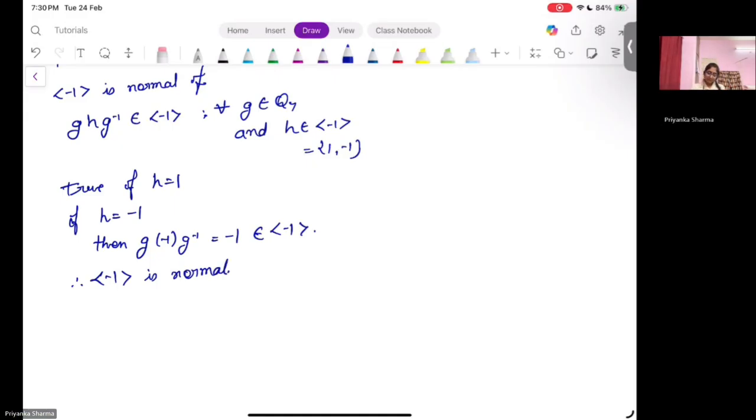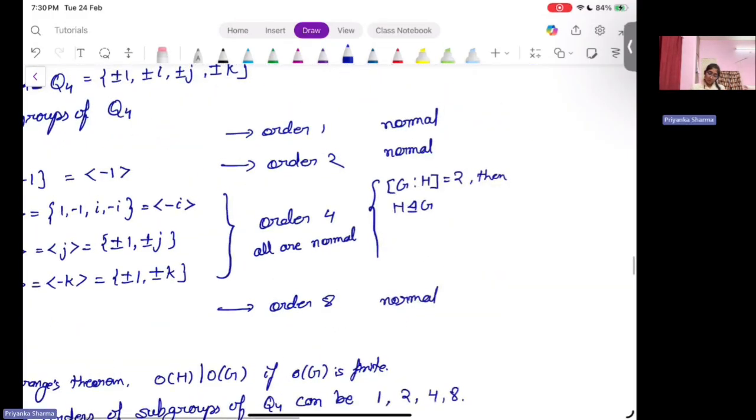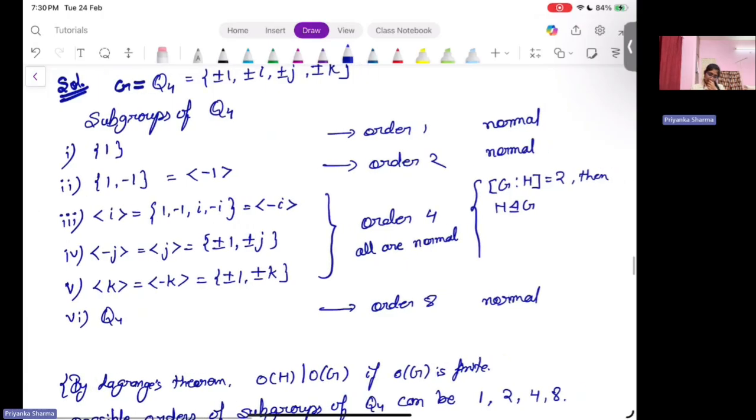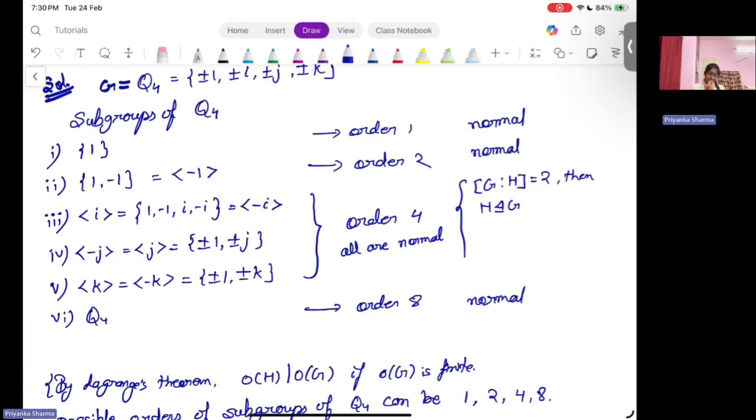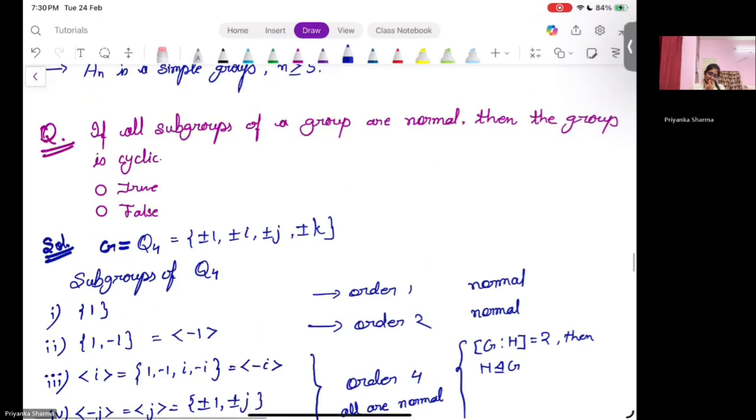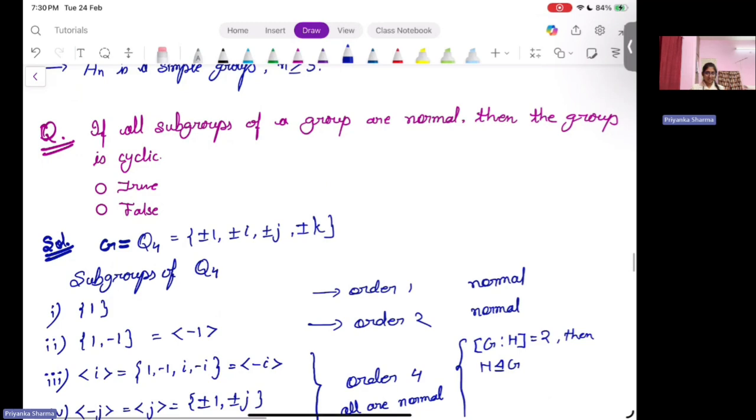So these are the 6 possible subgroups of Q8, and all are normal, but the group is not cyclic.